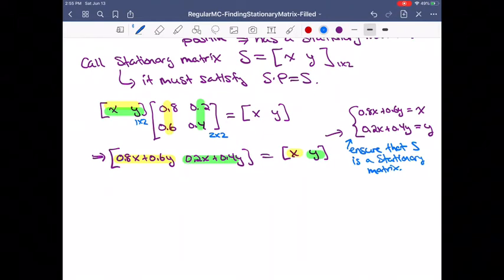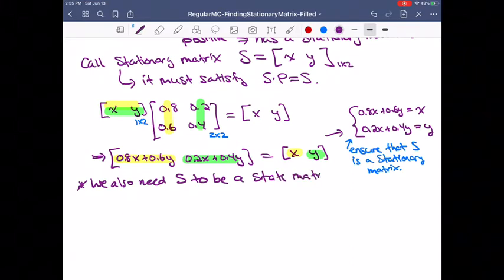But we also need S to be a state matrix, a state distribution matrix, which means that its entries need to sum to 1.